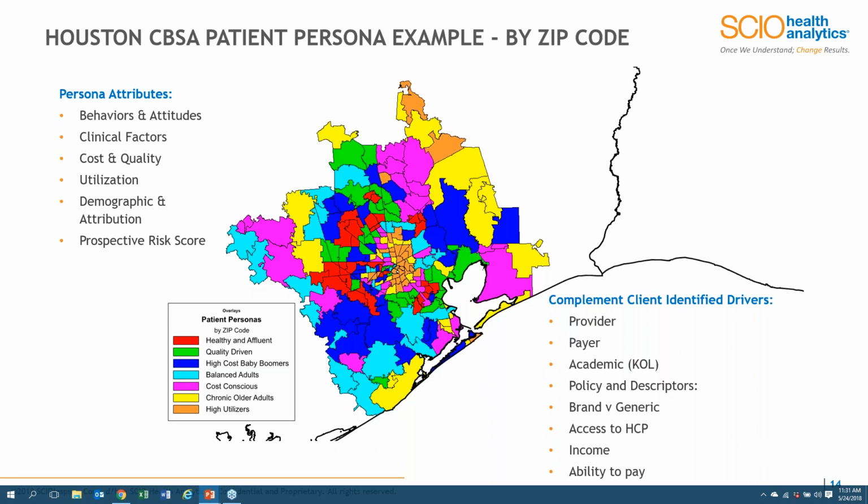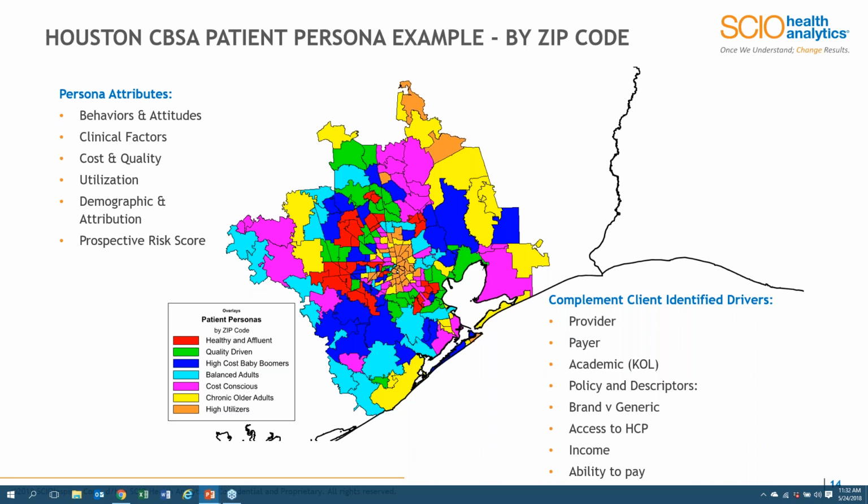These can include information on providers or payers or KOLs and many other types of client-provided data. The key here is allowing us to take our own methodology and our own patient-level data, and in combination with client-provided data, achieve enhanced and very targeted persona types.